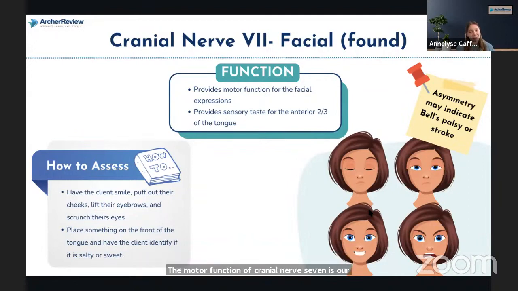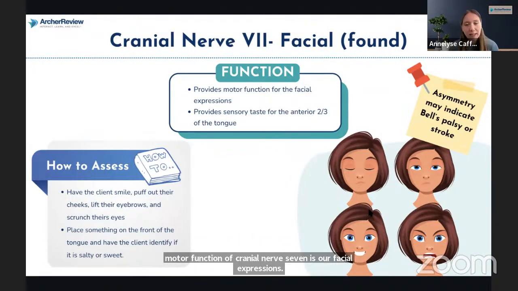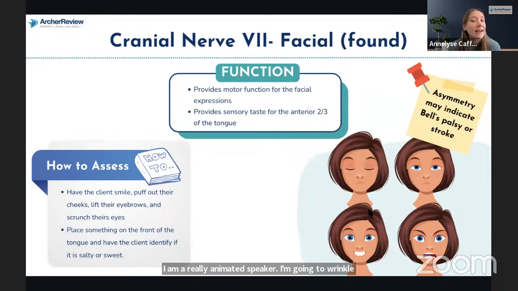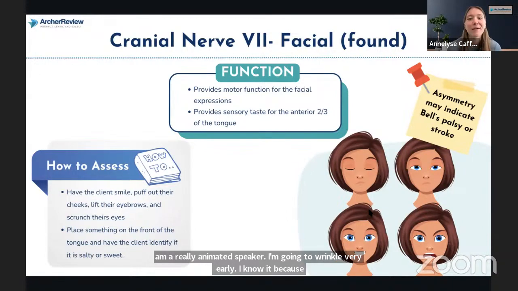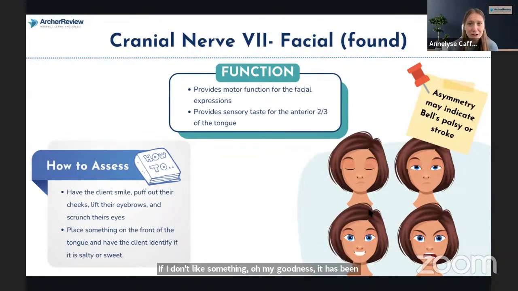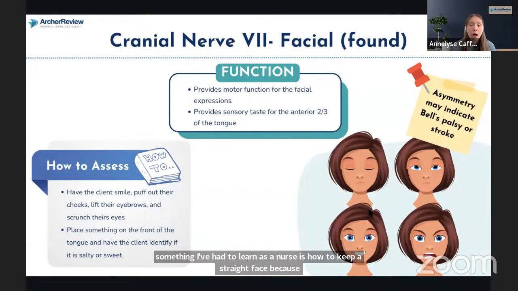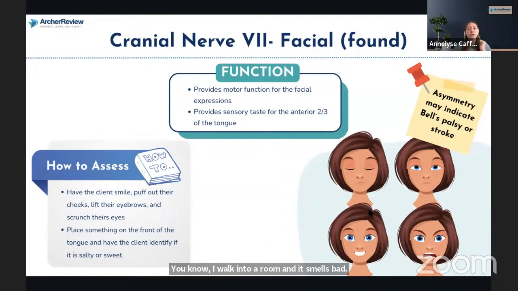I am a really animated speaker. I'm going to wrinkle very early. I know it because if I don't like something, oh my goodness, it has been something I've had to learn as a nurse is how to keep a straight face, because I walk into a room and it smells bad. You best believe my eyebrows raise towards the ceiling. And so I've been working on my poker face recently, but that is my cranial nerve 7. I've got a really active one.